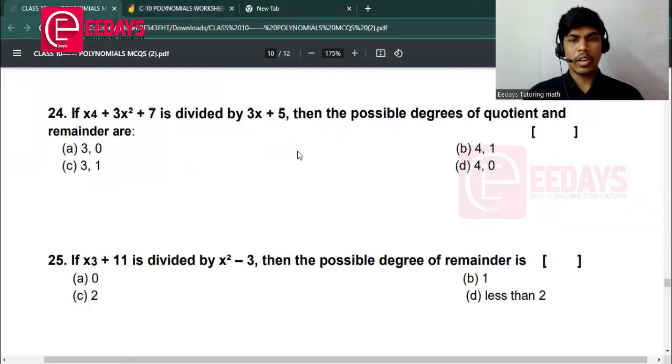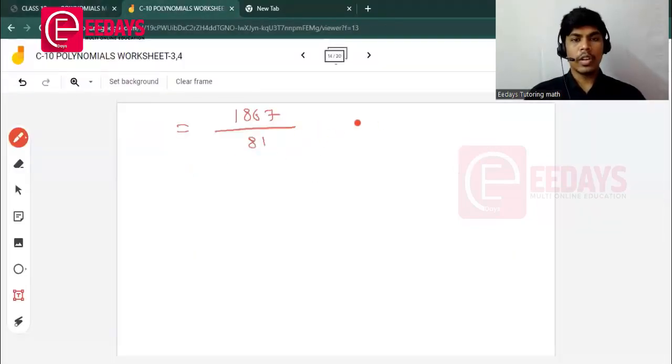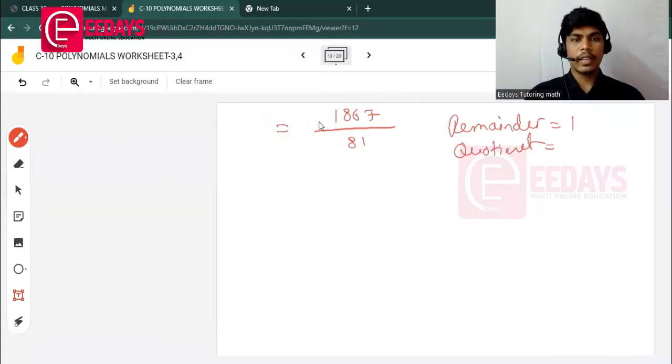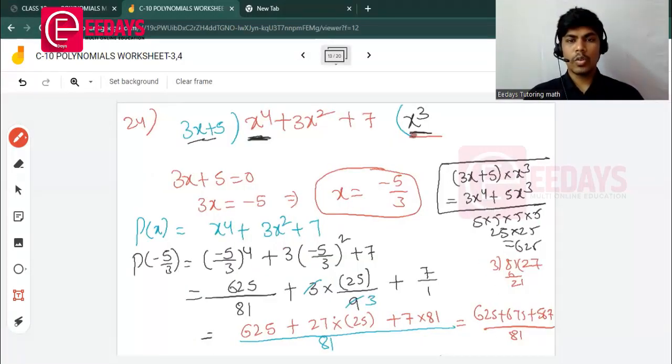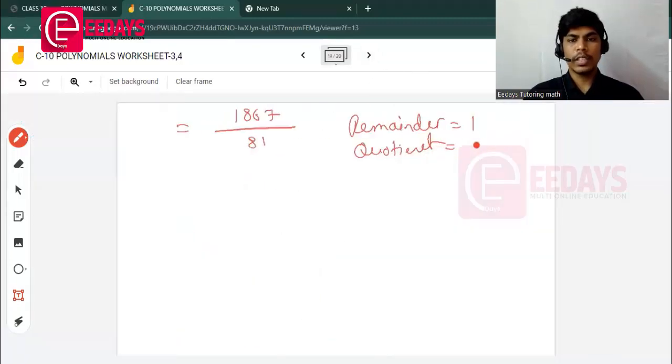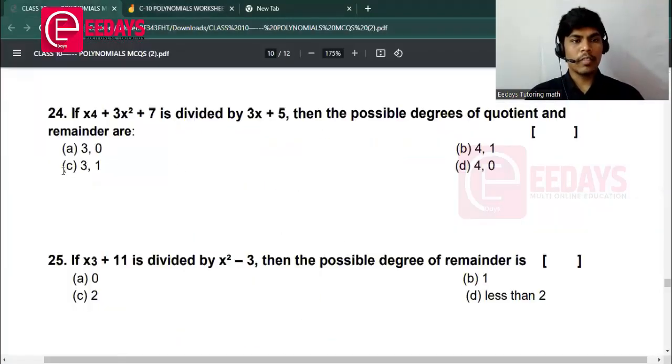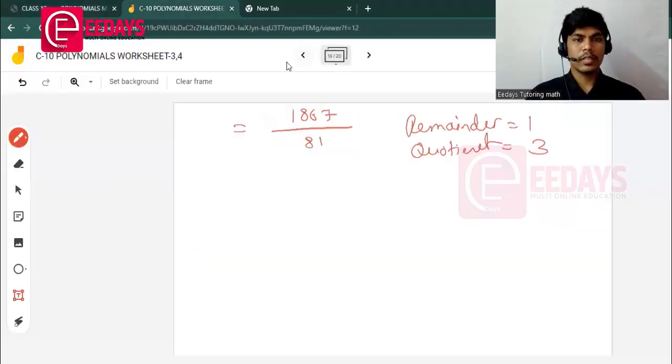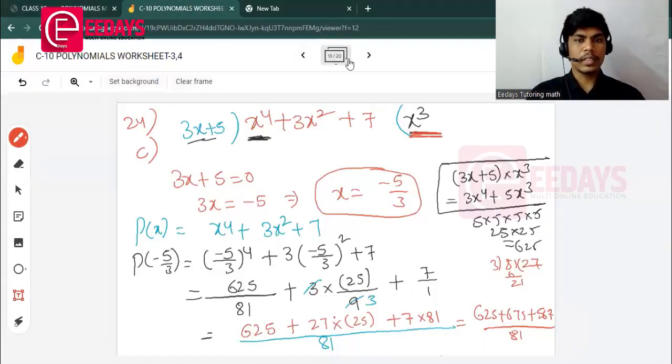So that's why the remainder is not equal to 0. So the remainder we are getting is 1. And the quotient, as in the previous case, we get 3 here. So quotient is 3. Okay. Power cube is there, right? That's why quotient is 3. So we can confirm option C is the correct answer.